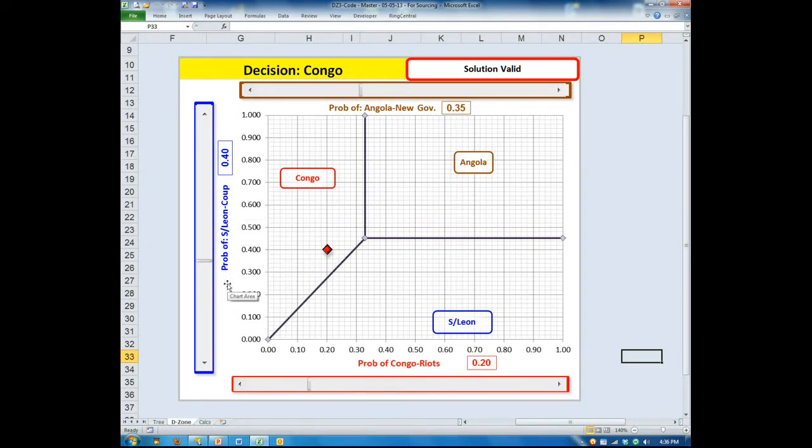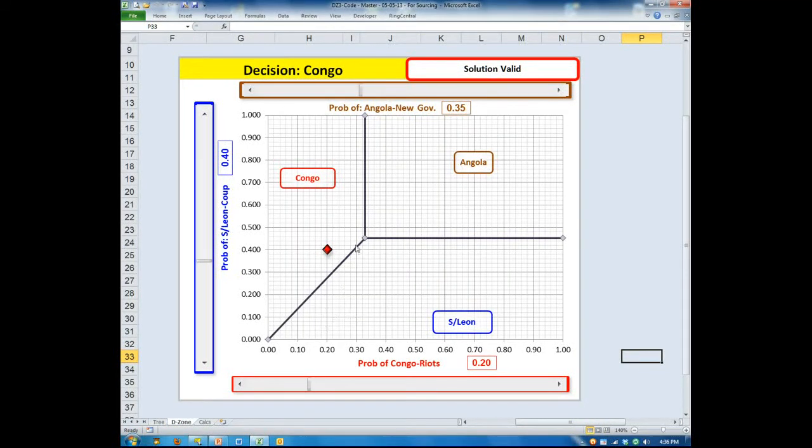The blue, which reflects the probability of Sierra Leone's coup. And up here, we have a brown scroll bar that reflects the probability of Angola's new governor, which is at 35%. Under this scenario, the recommendation is to operate from Congo.